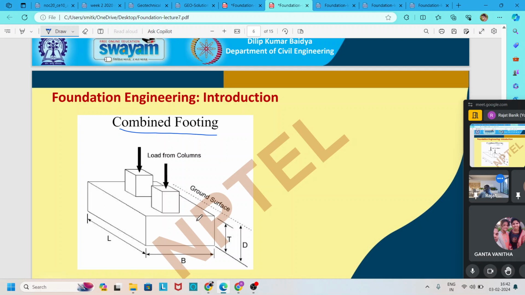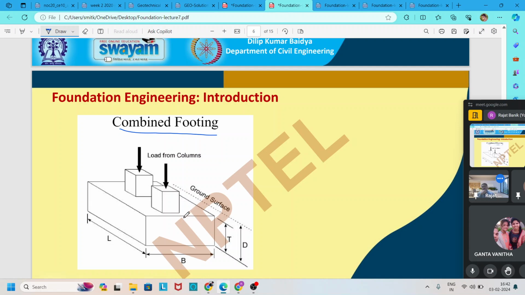If two columns are very close and we build a foundation below each column, there will be a possibility of overlapping of the foundations. So it is better to combine them to carry the load together, and it is safer than spread footing. This type of foundation is called combined footing.